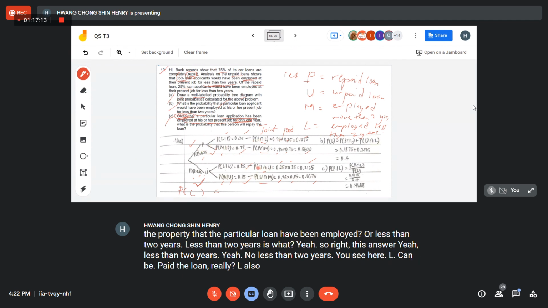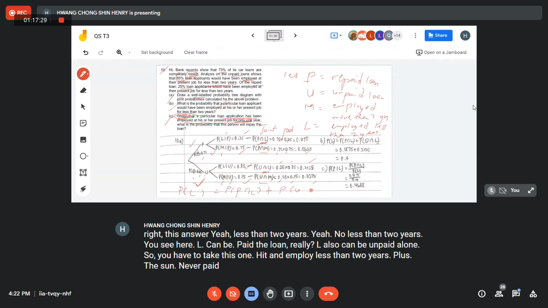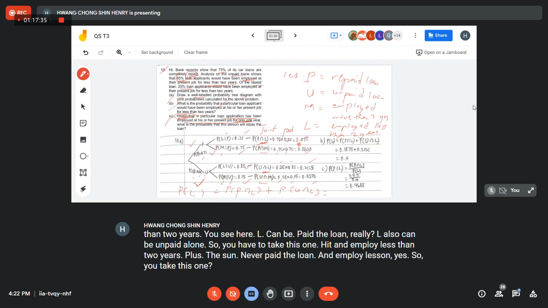L can also be with the loan unpaid. So you have to take this one, paid and employed less than 2 years, plus this one, unpaid and employed less than 2 years. So you take this one plus this one. That's the answer.